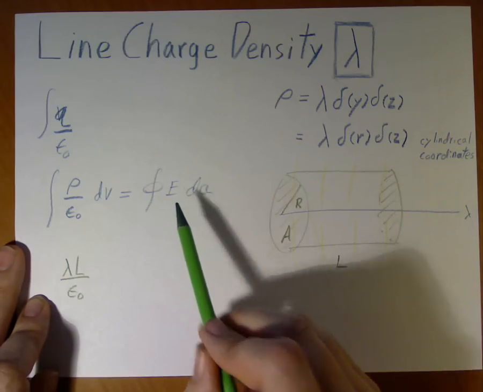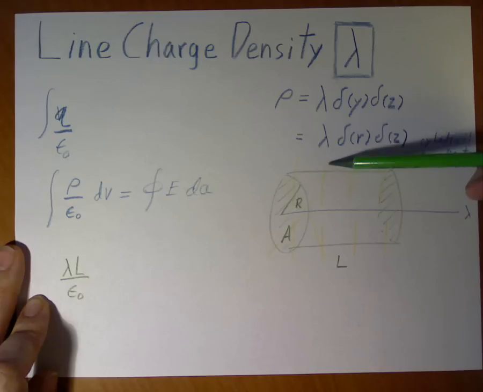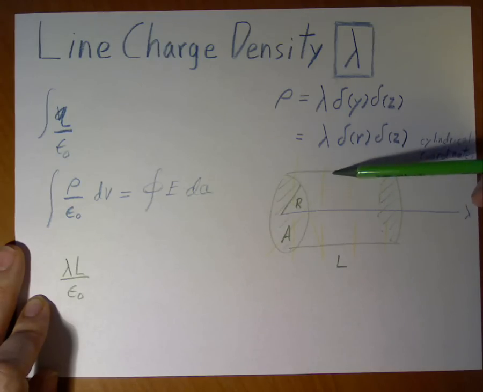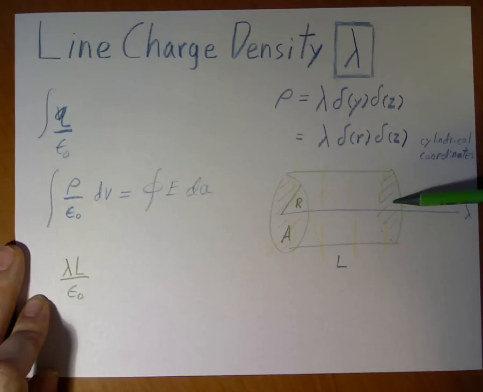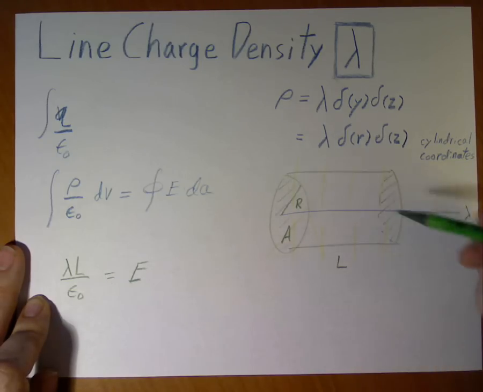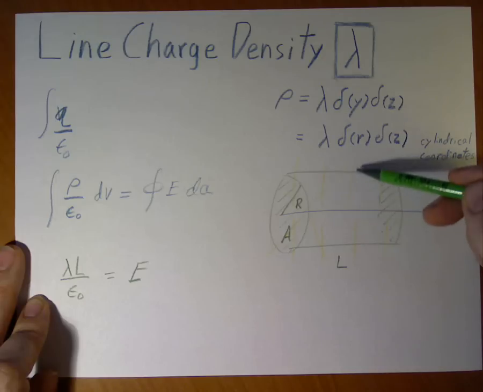Also, because the electric field lines are going perpendicular to this surface, they are parallel to the ends, which means, and this is the part that makes it easy, we don't have to include the two ends. So we can take the electric field times the surface area.